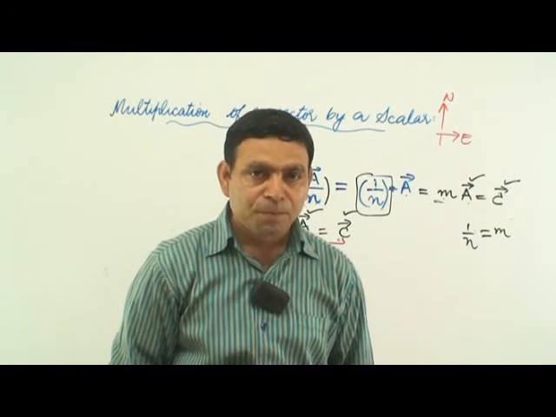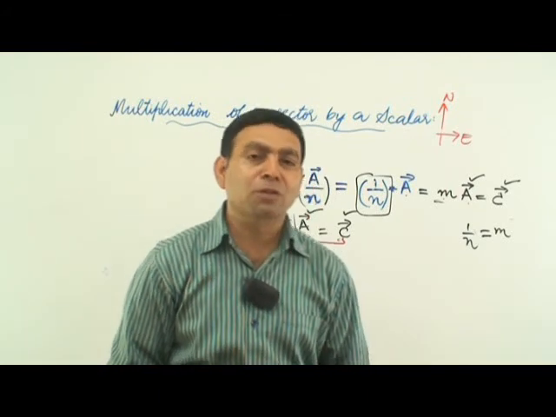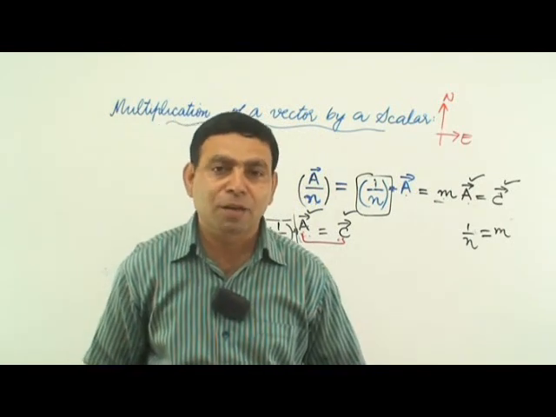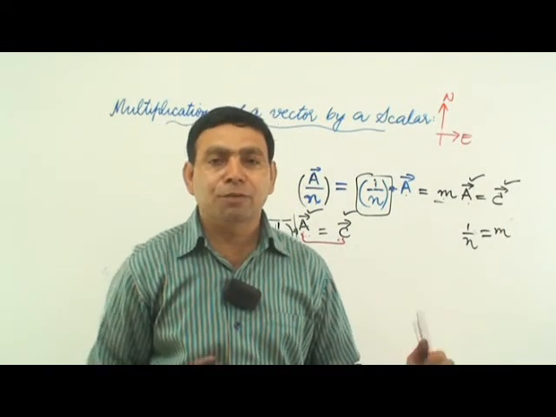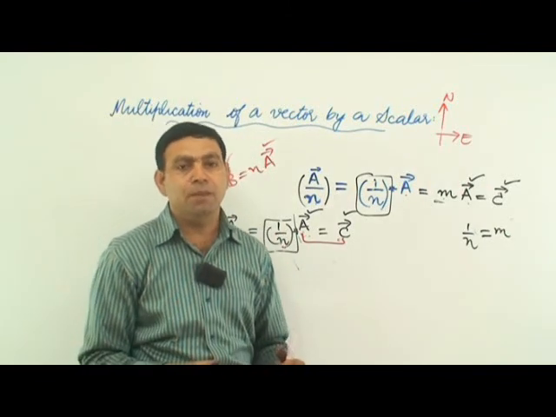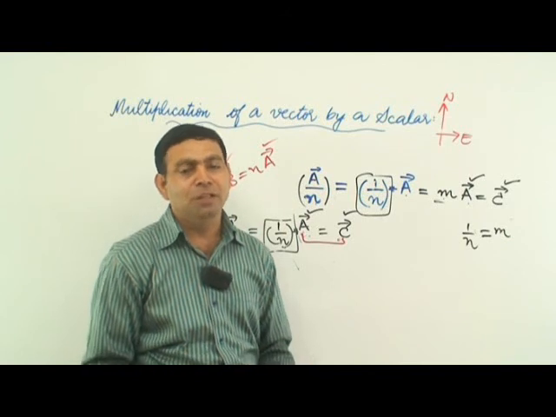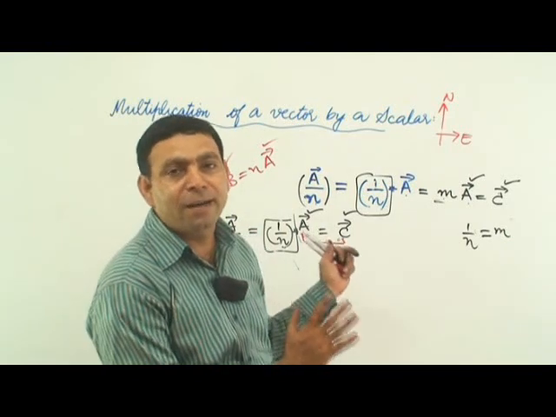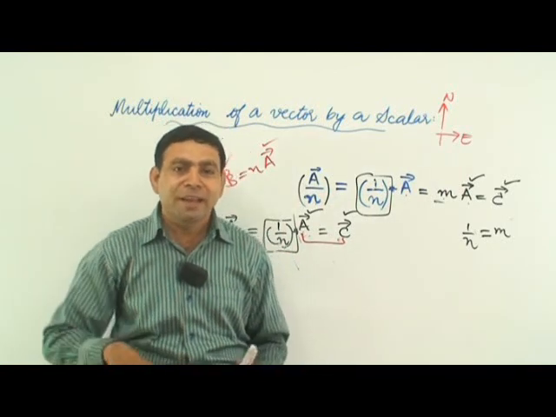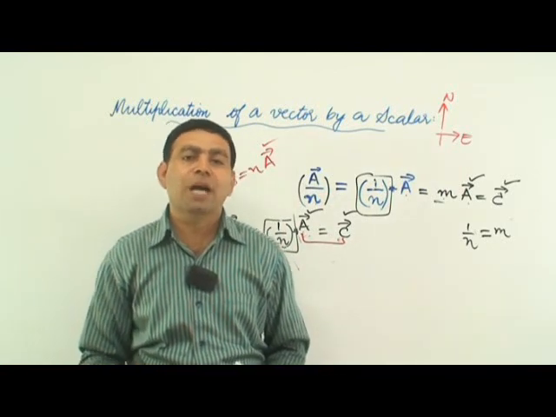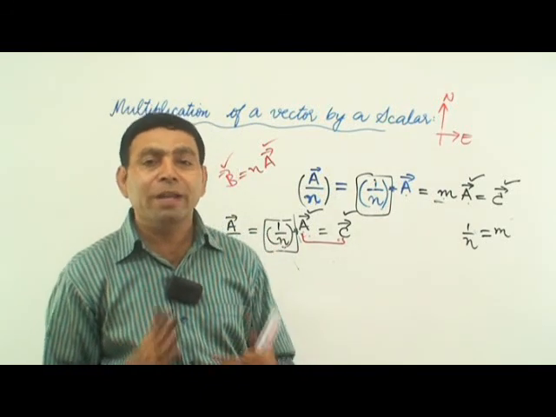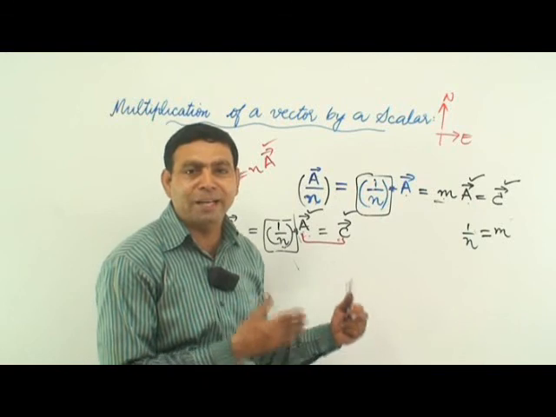Fine. A lot more is there, multiplication of a vector with another vector and applications, but that you are going to learn in your higher classes. My goal was not to teach you vectors and scalars in detail, but to make you understand the basic idea about vectors and scalars so that you can understand very clearly the next few chapters, that is kinematics, laws of motion and others, where you encounter physical quantities like velocity, acceleration, momentum, force.